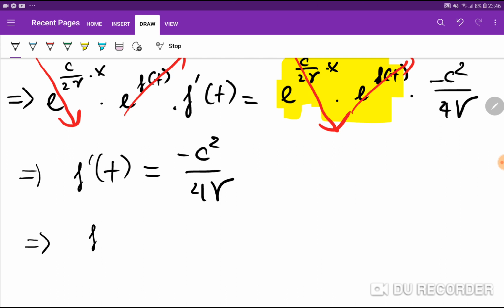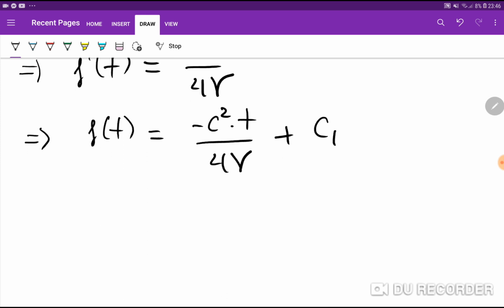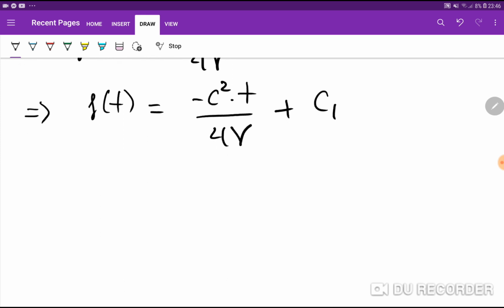Your f of t is just negative c squared times t over 4 mu plus c1. You can write c1 because this is just an ordinary differential equation. c1 is just a constant, nothing related to t, and f is just a function of t, so c1 is a number, a constant.